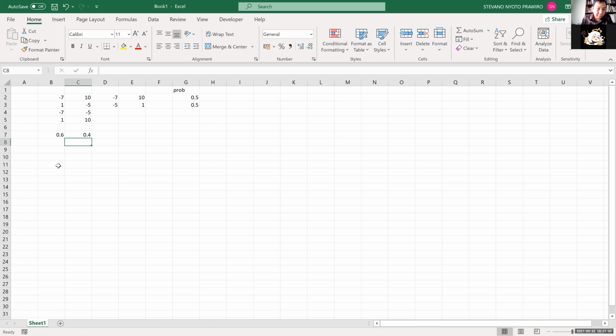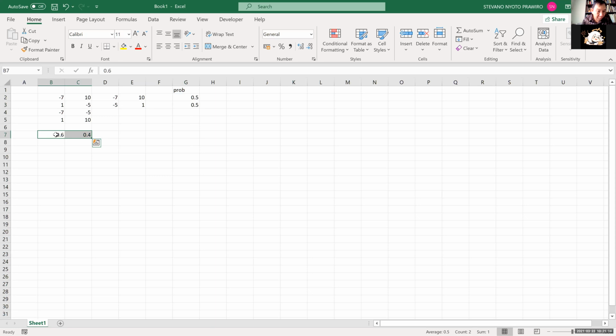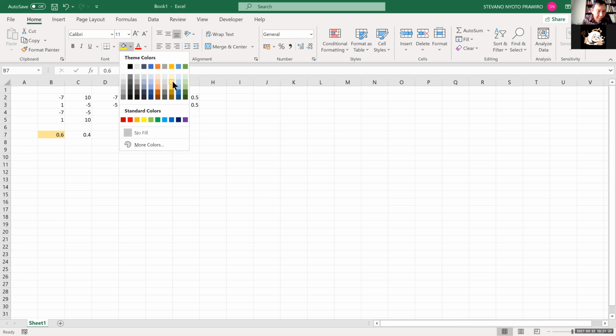Correct. So you can put yellow color if you want to set that this is the input. Only the 0.6 is your input, not 0.4, right? Oh yeah. Okay. So this one is only the 0.5. Correct.